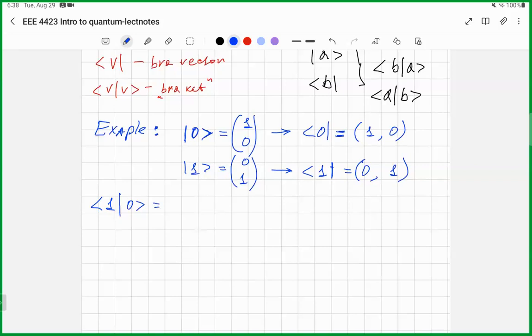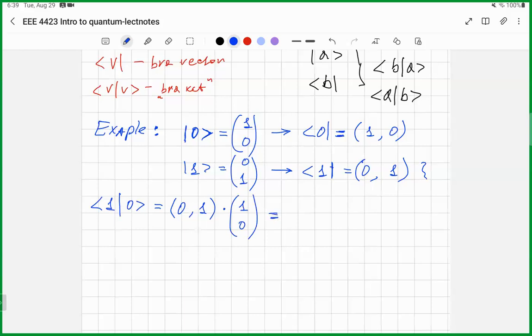So let's calculate the bracket of 1 with 0. What would I get? The bra vector comes first, and for the bra I need to transpose, right? So I write 0, 1, this vector, and then times cat. Cat is the column, so I write 1, 0.